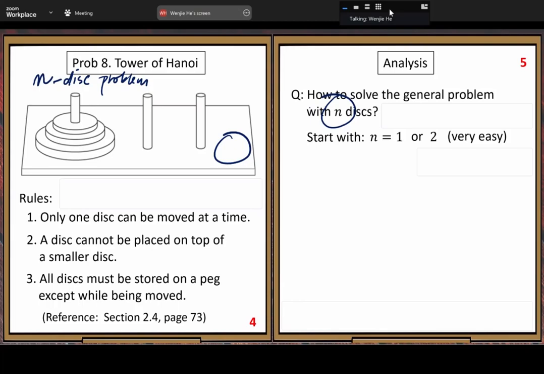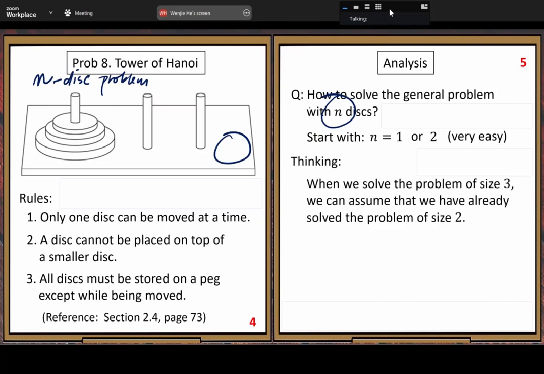So now, next, we need to work on the 3-disk problem. And when we work on the 3-disk problem, we already have solutions for n equals 1 and n equals 2.